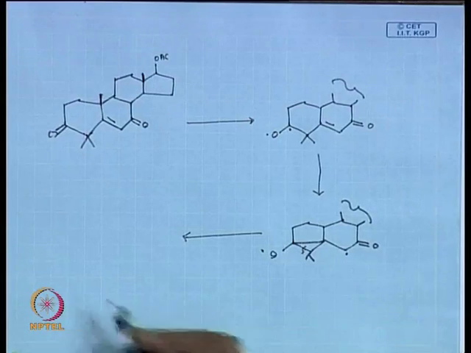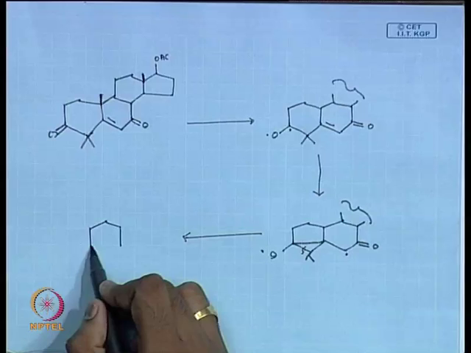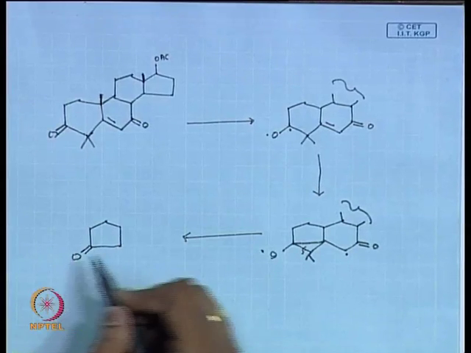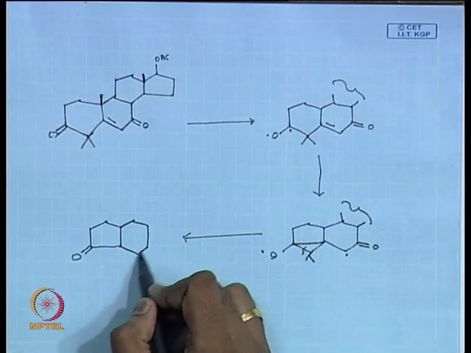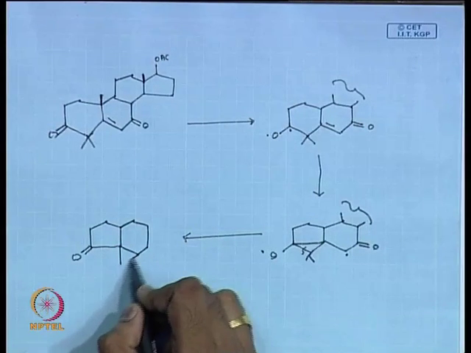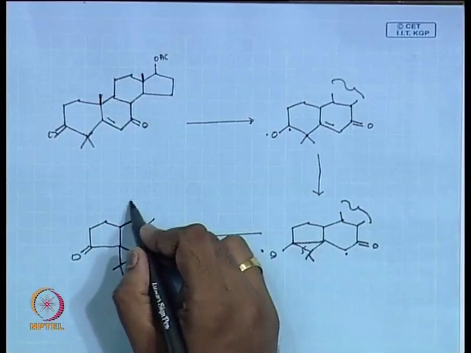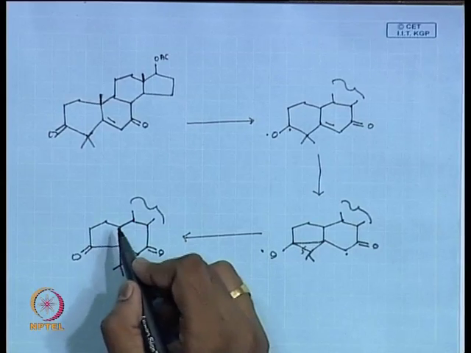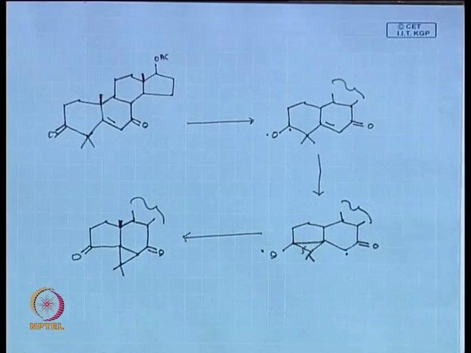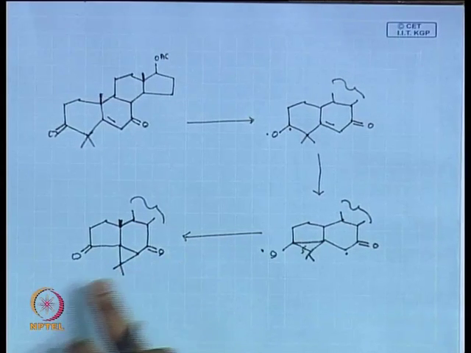So then what will you get? You get a 5-membered and a 6-membered one.